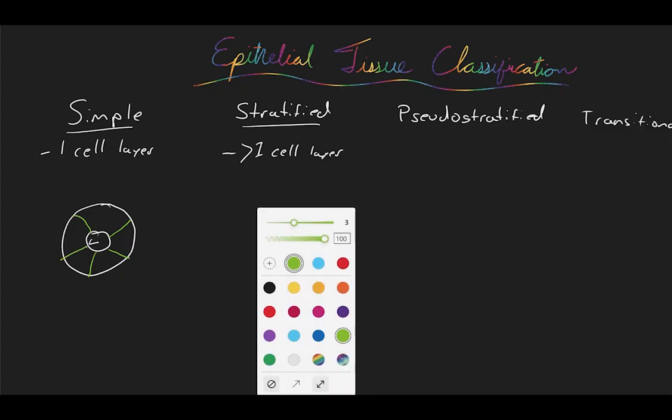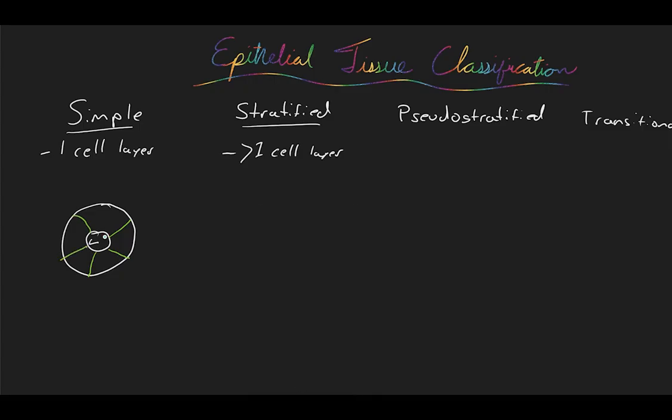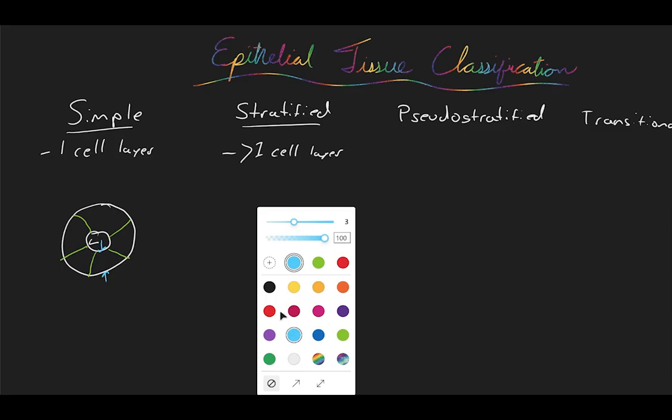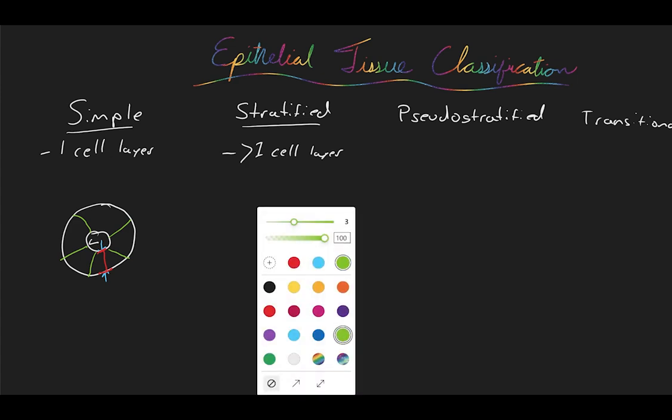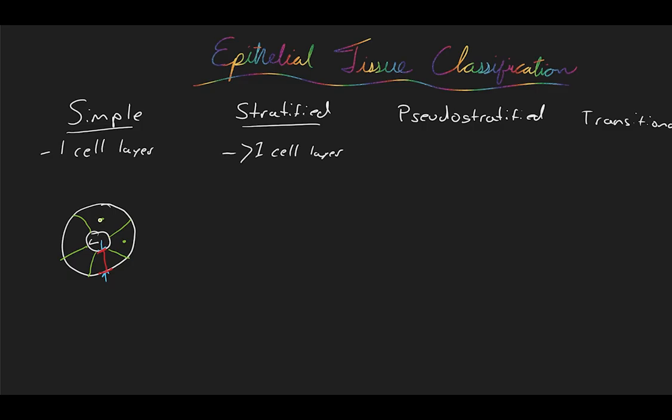And remember from a previous video, the epithelium has polarity associated with it. It has an apical side and it has a basal side. So if I draw a line from the basal side up to the apical side, I pass through one cell. Okay, I only pass through one cell if each one of these, put some nuclei in there, are individual cells.